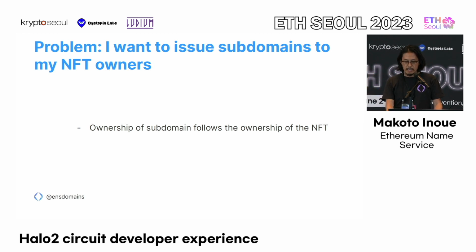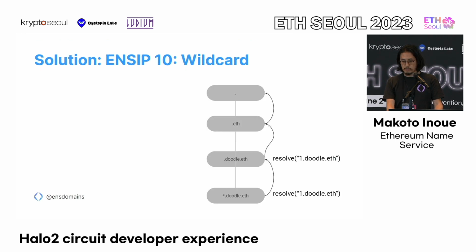It is actually possible using the so-called ENSIP-10 wildcard. The idea is that it's all implemented at the client level. If a subdomain, such as 1.doodle.eth in this example, doesn't exist on the ENS smart contract, the client asks its parent, doodle.eth, whether it knows anything about this subdomain.